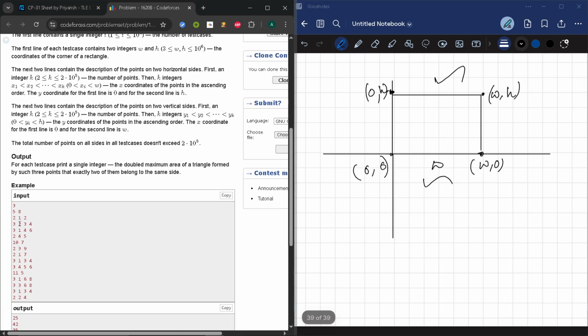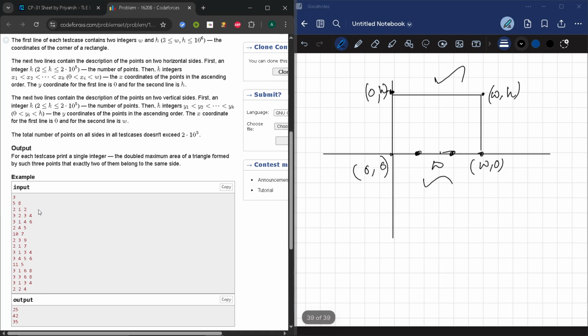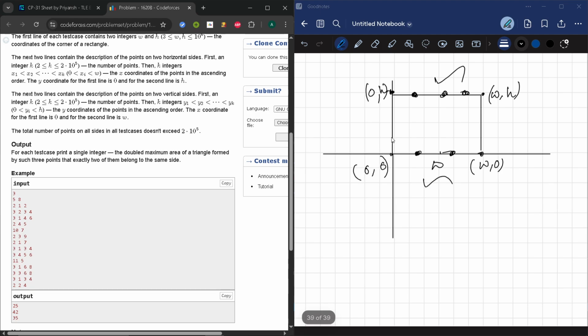Let's say this is 5 comma 8, and this is 2 1 2. These are the number of points. This is 1 and let's say this is 2. And for the second horizontal line we have 2 3 4, and for the vertical lines we have 1 4 6, and for this vertical line we have 4 and 5.